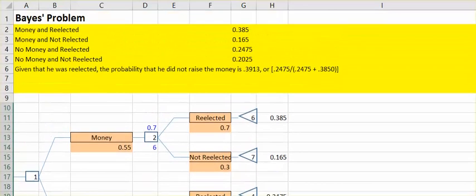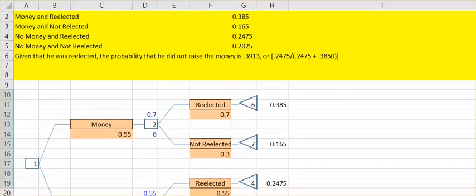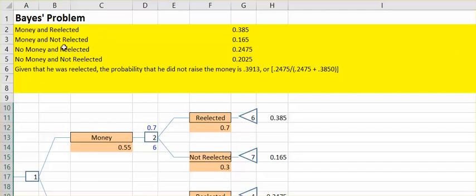So let me scroll back up here. What we have here, money and re-elected was 0.385. Money and not re-elected, 0.165. And all I'm doing now is going over all possible outcomes and assigning the probabilities to those outcomes. No money re-elected, no money and not being elected.